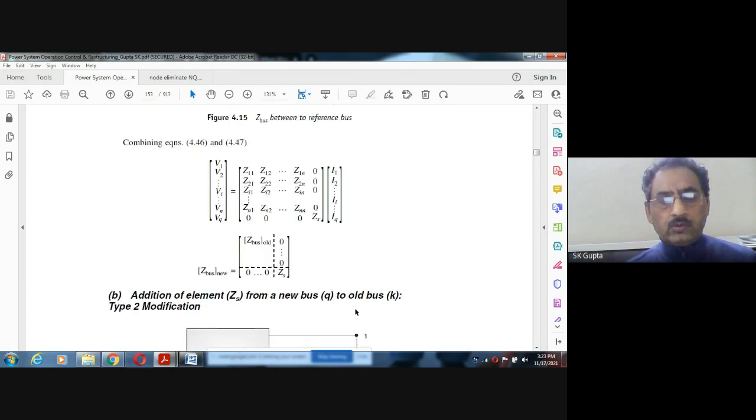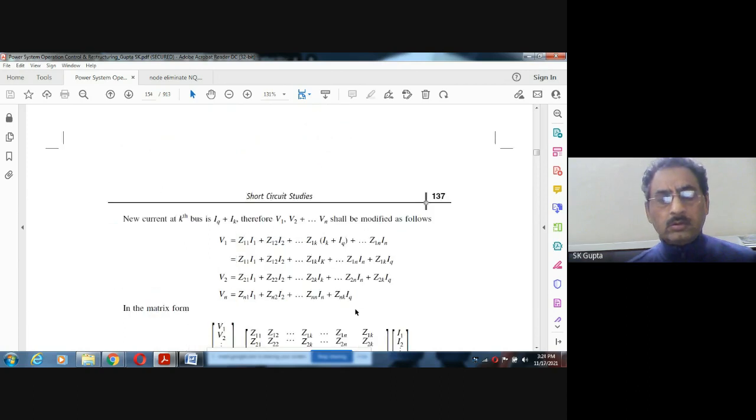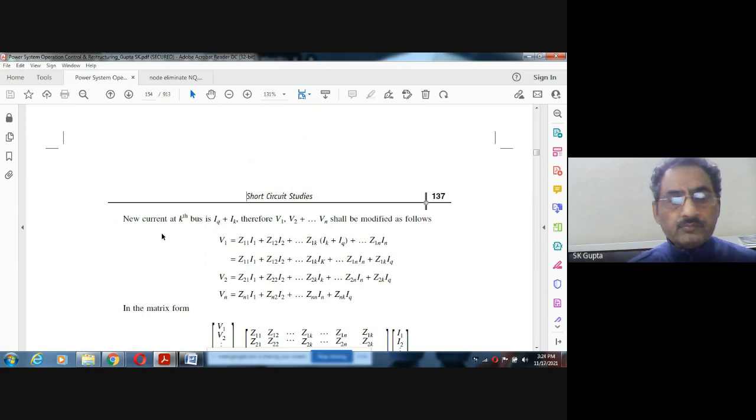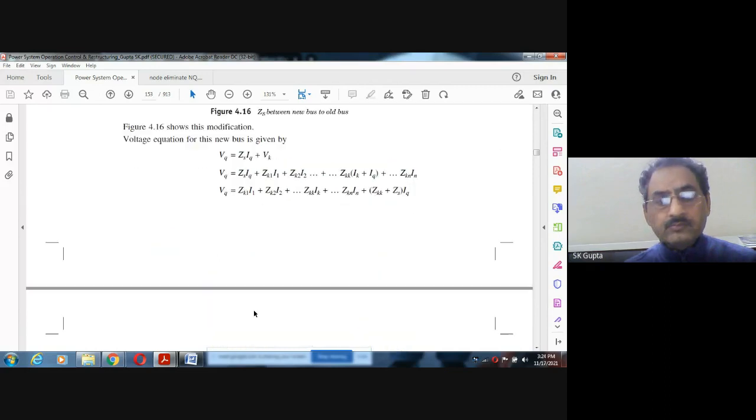Yes. VQ is equal to Zs IQ plus VK. Is this equation clear?